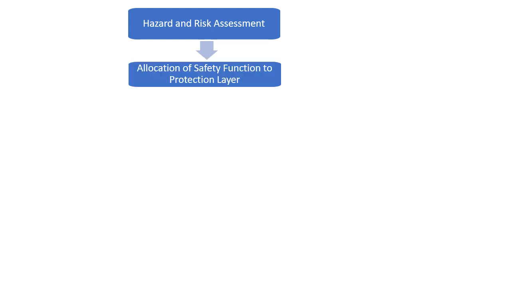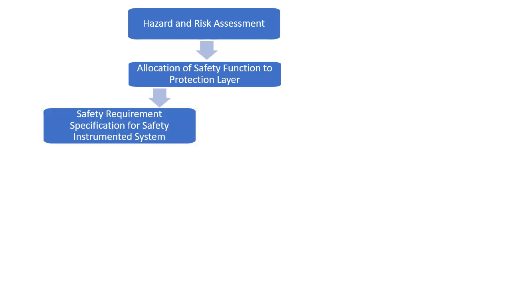After hazard and risk assessment, the output of this assessment is basically the allocation of the safety function to the protection layer, right? A safety function is a layer which basically protects people, property, or environment from the hazard.